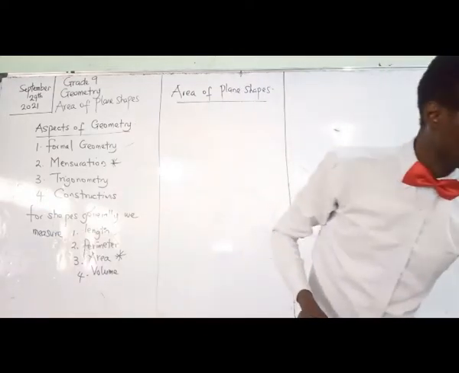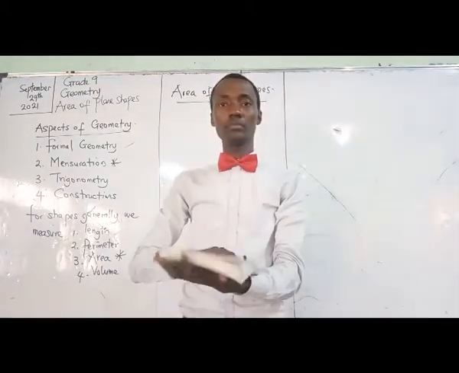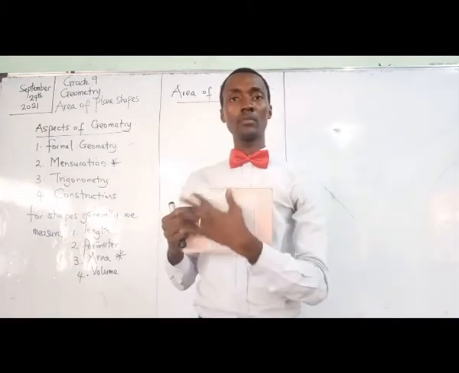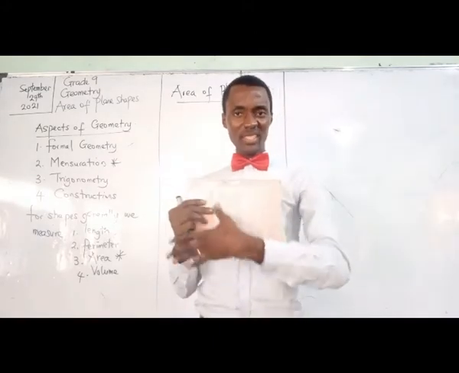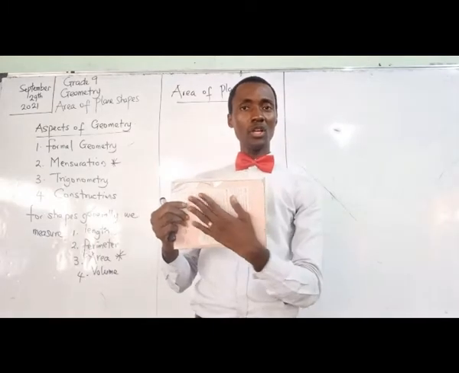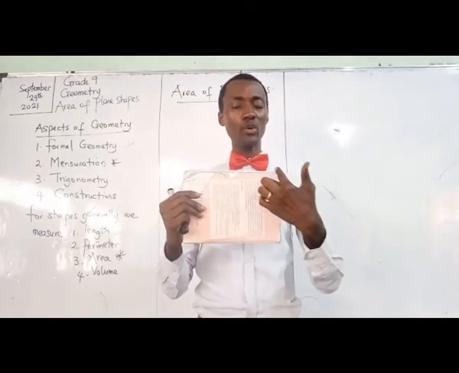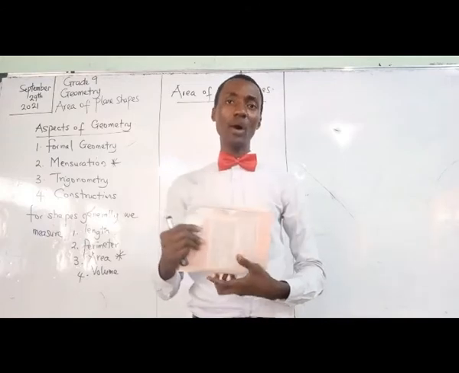For instance, a book. The face I'm seeing is the area. This part I'm seeing is the area. So I'm going to appreciate this by looking at the length and then the breadth, and that will give us the area.